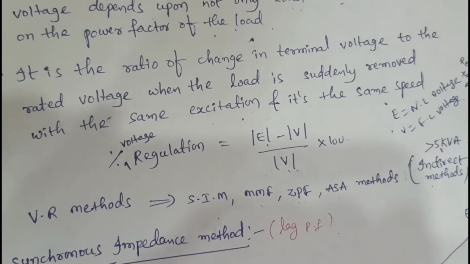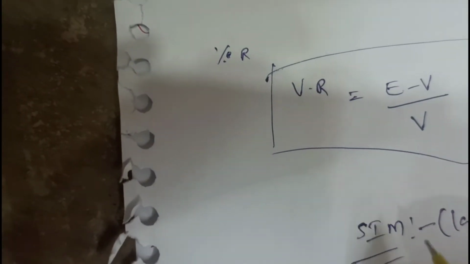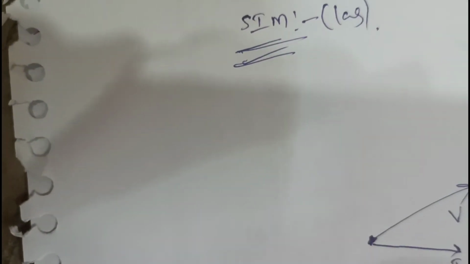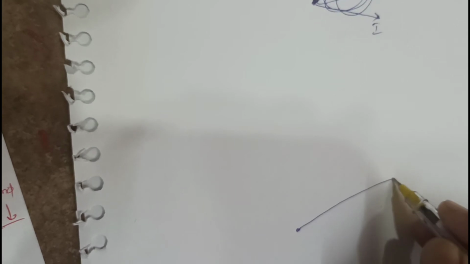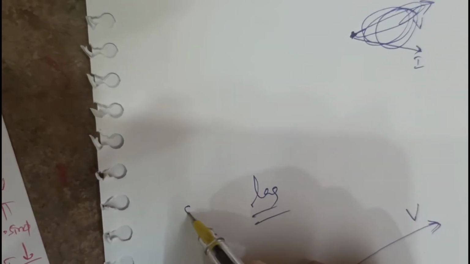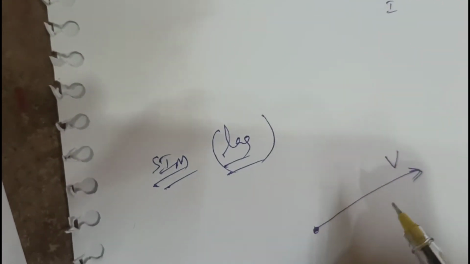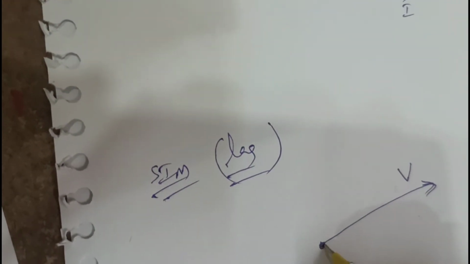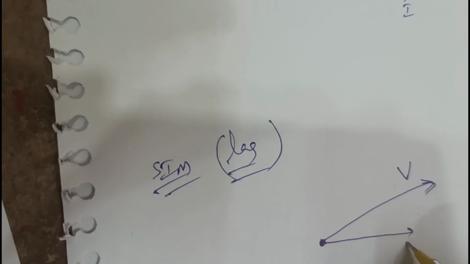First, we are discussing the synchronous impedance method. First of all, draw the vector diagram. First take the voltage vector V and assume a lagging load in the synchronous impedance method. Next, the current I lags.